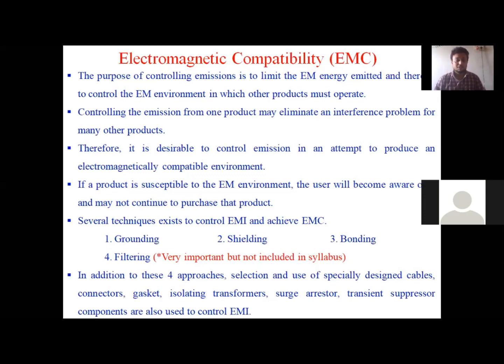So grounding, shielding, and bonding are the only three techniques in your syllabus to reduce the electromagnetic interference generated by man-made and natural sources. In addition, other techniques like conducting gaskets, surge arresters, transient suppressors, and isolating transformers can also be used to reduce the electromagnetic interference.